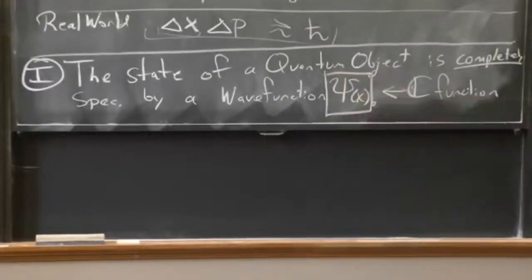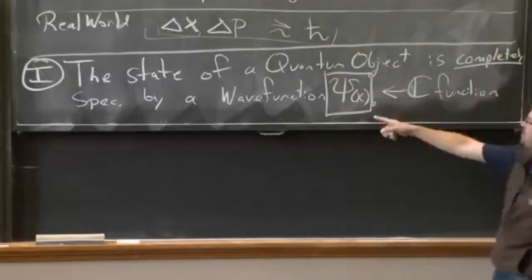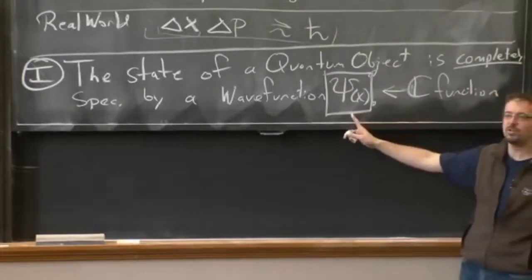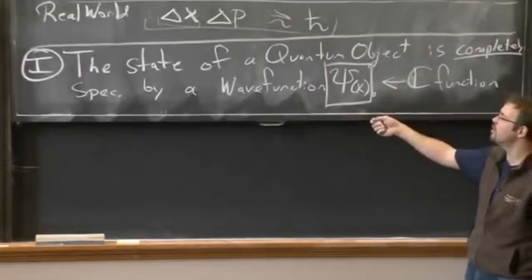The state of a quantum object is completely specified once you know the wave function of the system, which is a function of position.